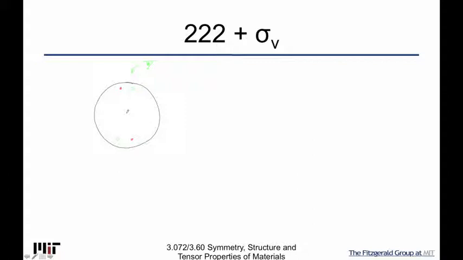So whether I look down this direction or the other direction, it's going to look kind of similar, because the only difference is that I'll have these two on the front side, these two on the back side. But once I put the mirror plane in vertically, it's going to reflect this guy across.